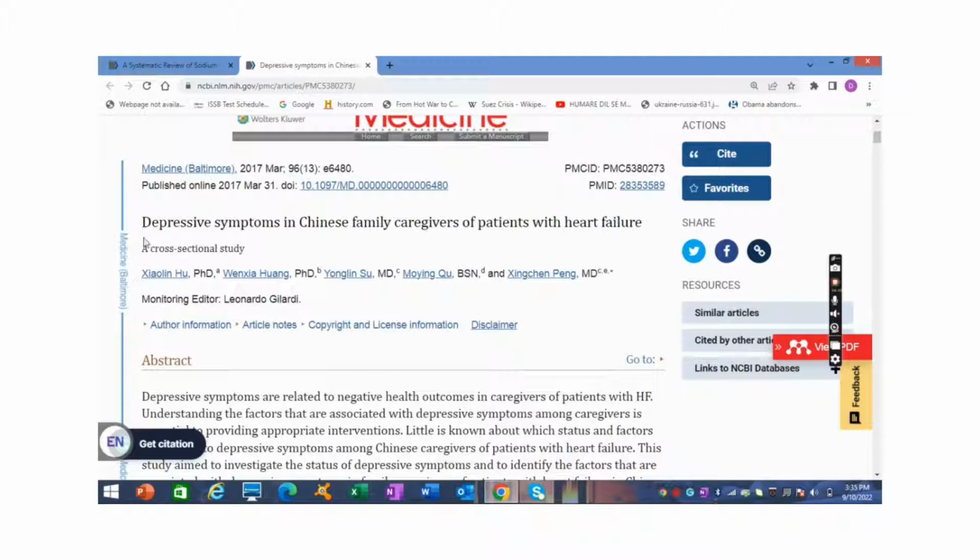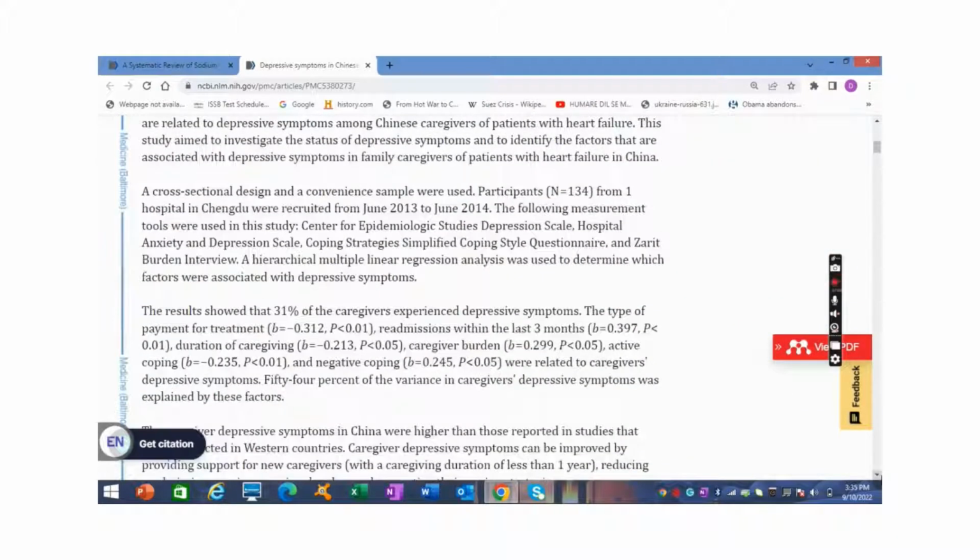See, this research is about depressive symptoms in Chinese family caregivers of patients with heart failure. So this is a study which describes whether there are any depressive symptoms present in the family members of patients who are living with heart failure. This study was conducted in China, and it is a cross-sectional study.